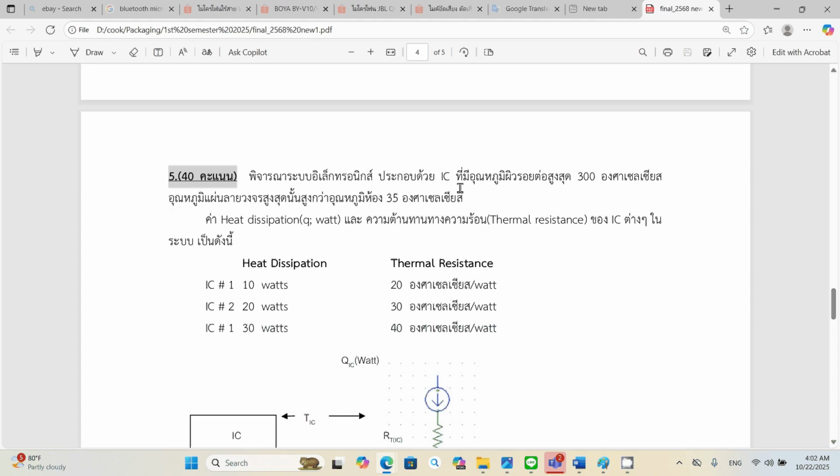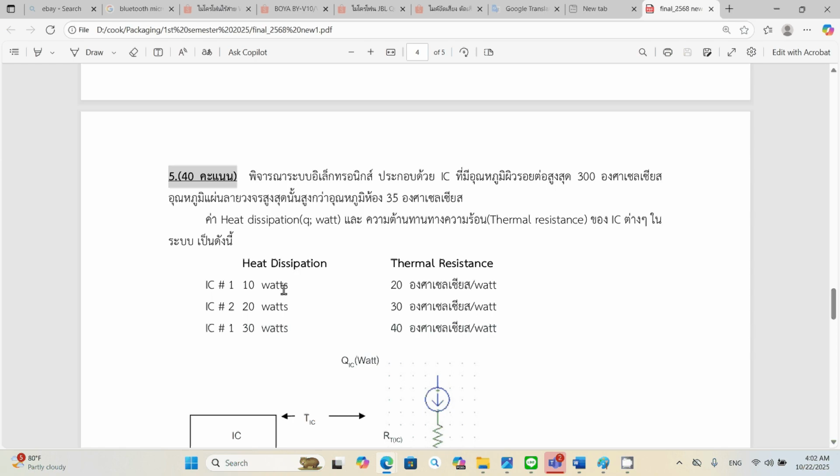It's required that the temperature of your IC does not exceed 300 degrees Celsius, otherwise it doesn't work or it fails. And the difference between the temperature of the PCB and the room or ambient temperature is 35 degrees Celsius.